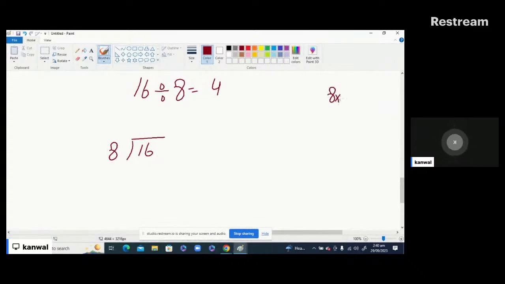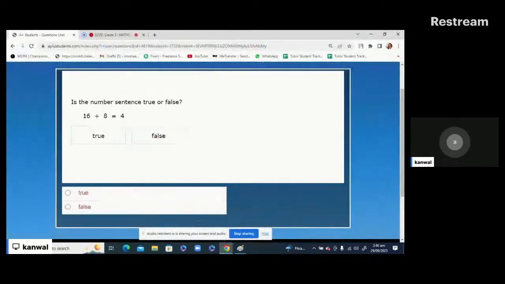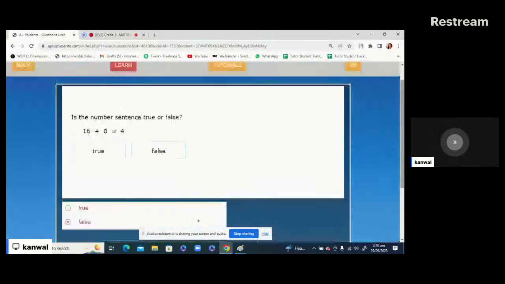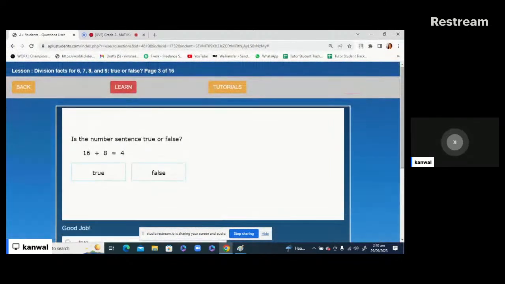Now as we know, 8 times 1 is 8, 8 times 2 is 16. But the answer given here is 4, which is wrong. So that is false. So we put false. Okay.